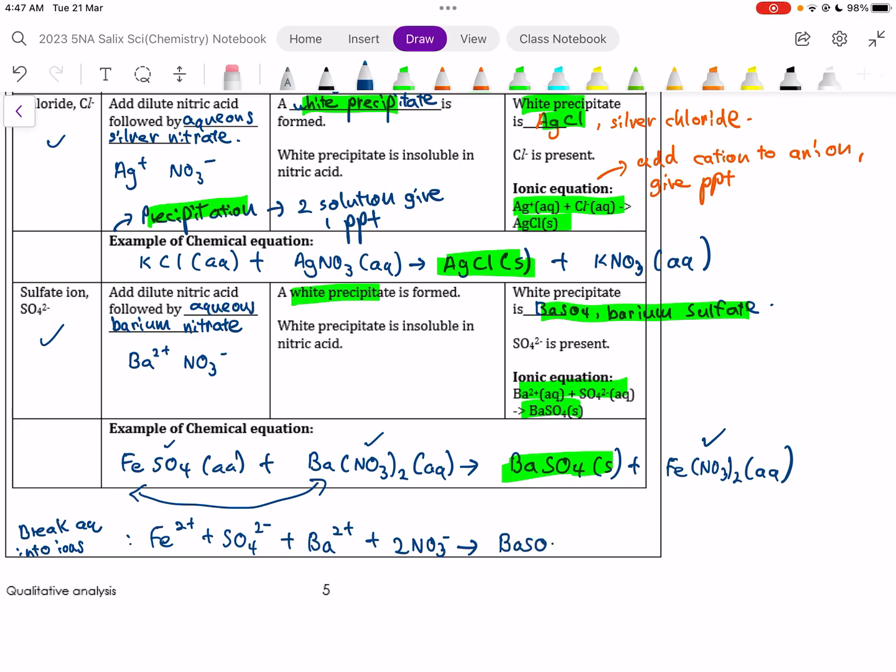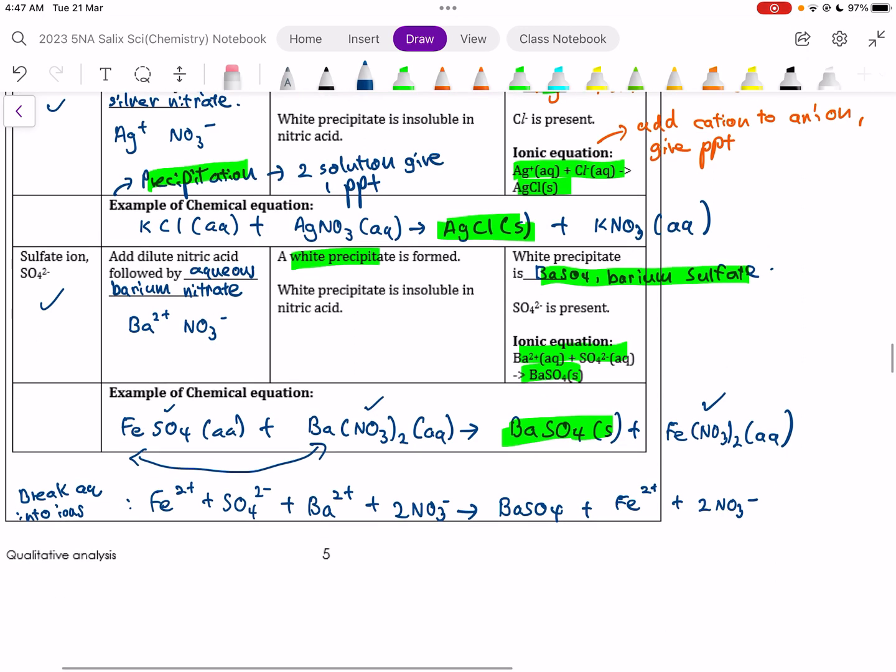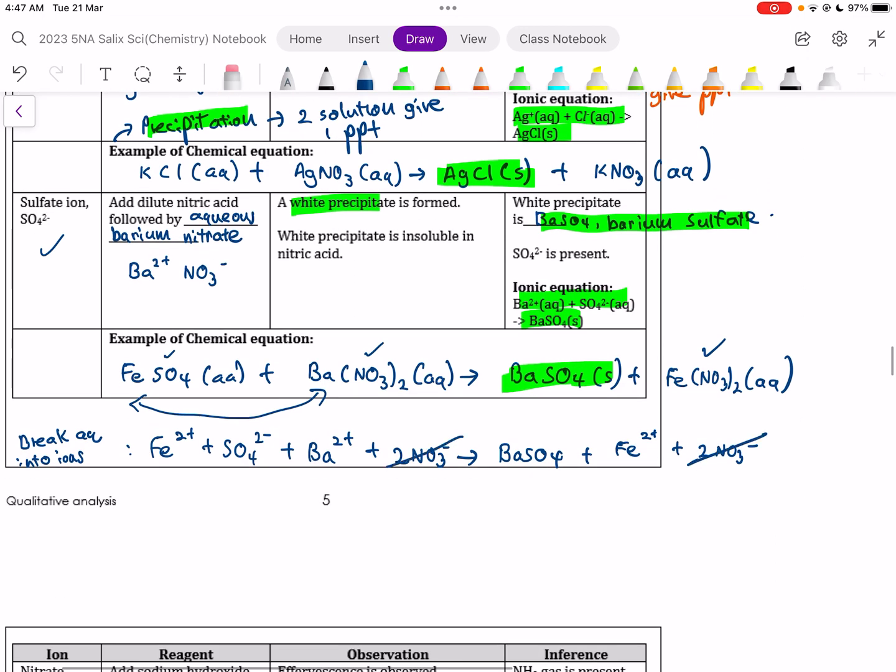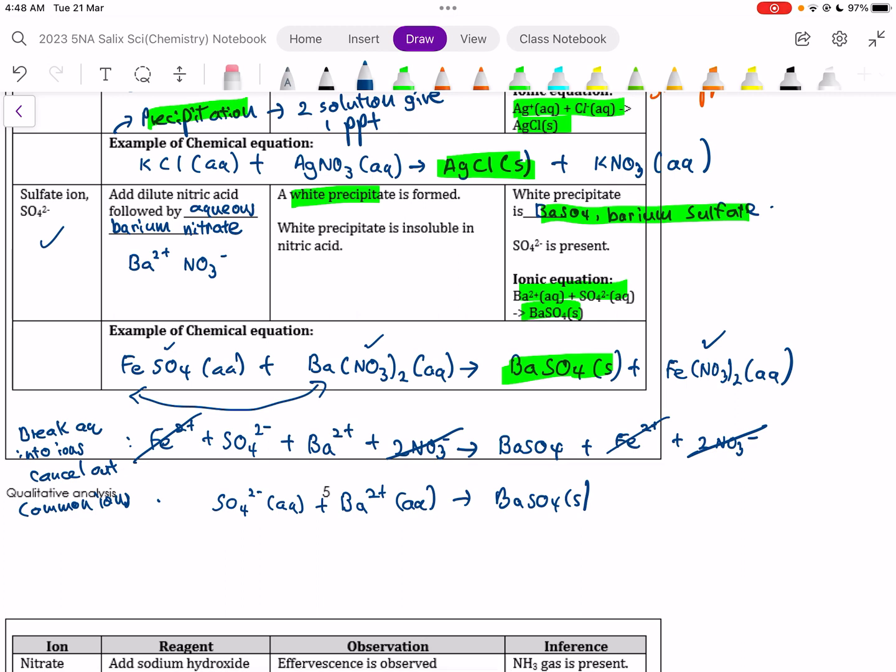Then the solid one just stays, just copy down the entire thing. Then you have Fe2+ and 2 nitrates. What I have down here that is the same, I cancel out: cancel out common ions on the left and right. The Fe2+ cancels, and then our final answer will look this way: SO4 2- plus Ba2+ aqueous, then gives you BaSO4 solid. That's how you get an ionic equation.